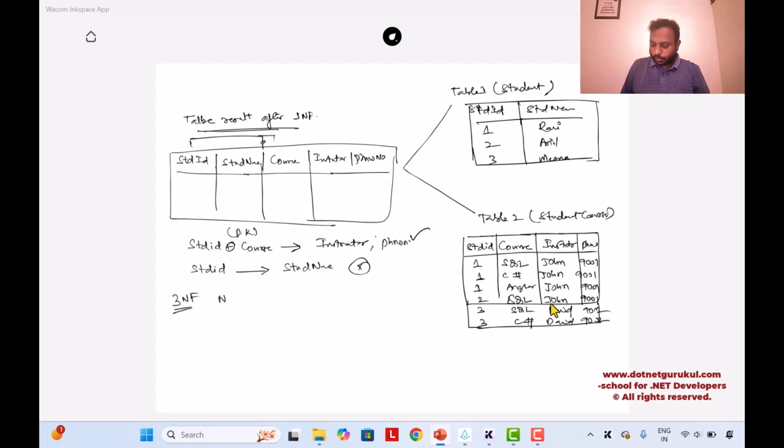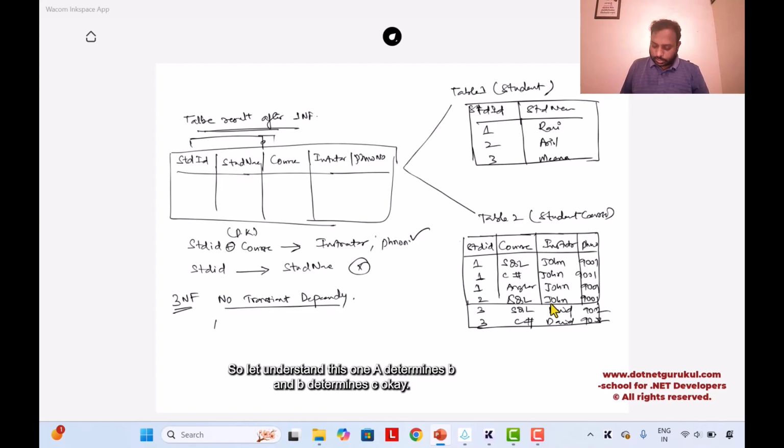Okay, no transient dependency. Before understanding this third normal form, let us understand the transient dependency. Okay, so let us understand this one. A determines B and B determines C. Okay, so here, if you can see, C is not dependent on A alone.